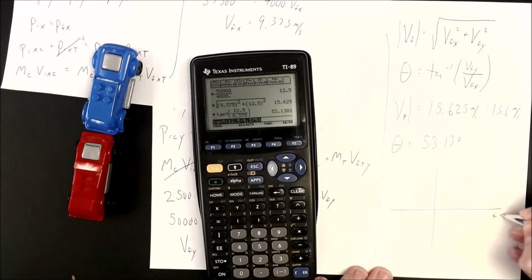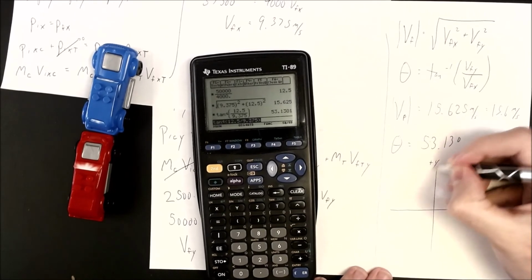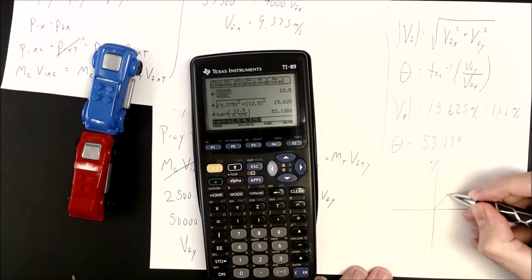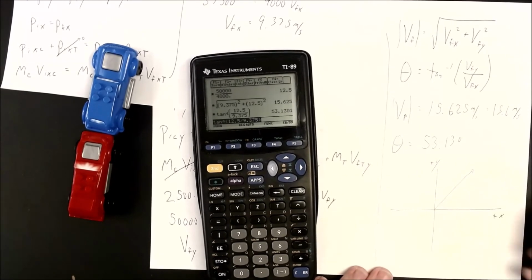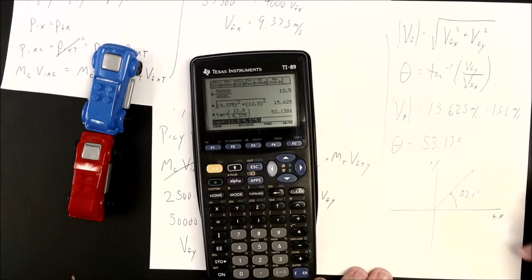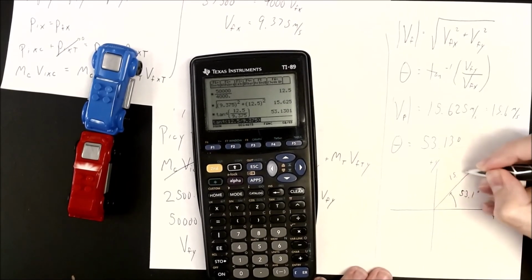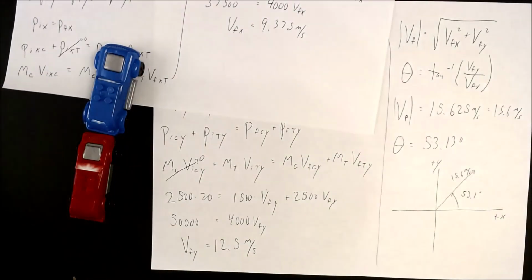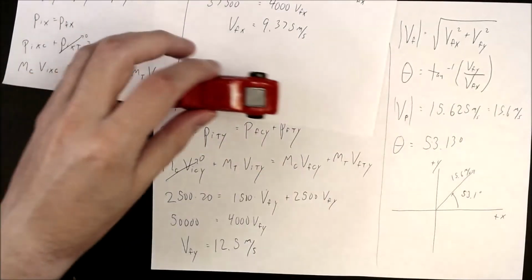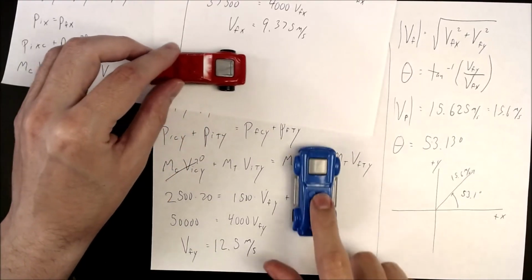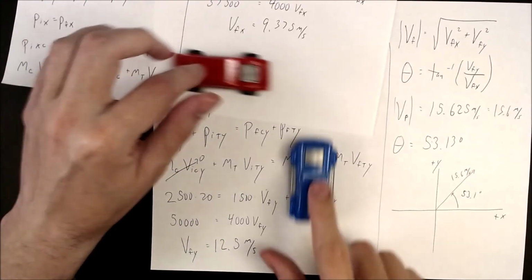Let's just draw that out, see what that looks like. We always measure from the plus x-axis towards the plus y-axis going in the counterclockwise direction. Looks like something like that. 53.1 degrees at 15.6 meters per second. Does that make sense? We've got a car going a little bit faster and a truck which is a little bit heavier.